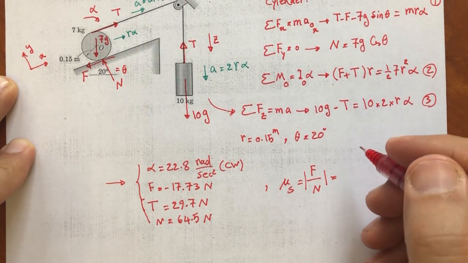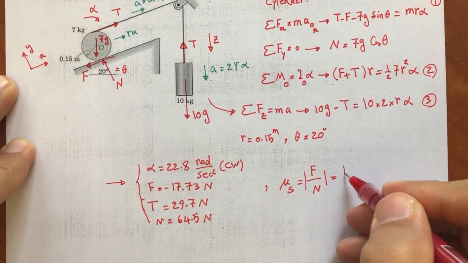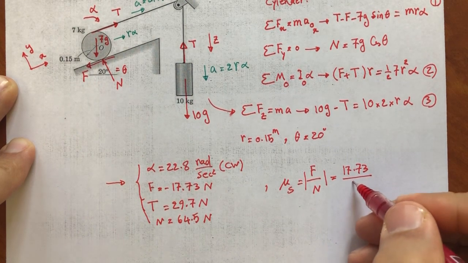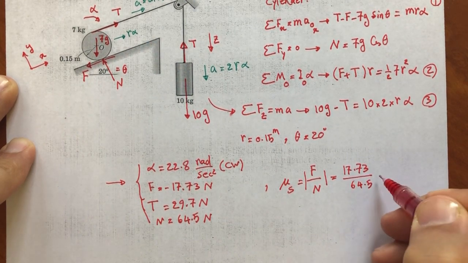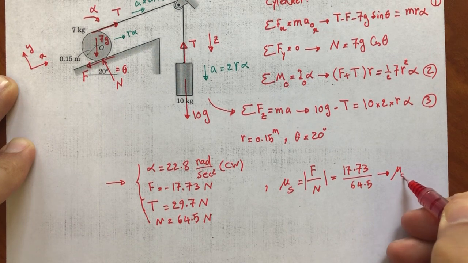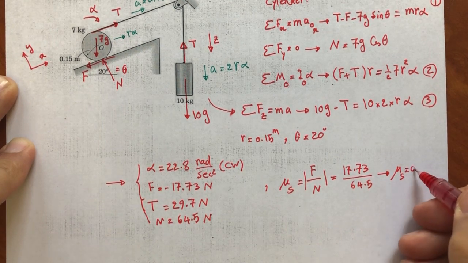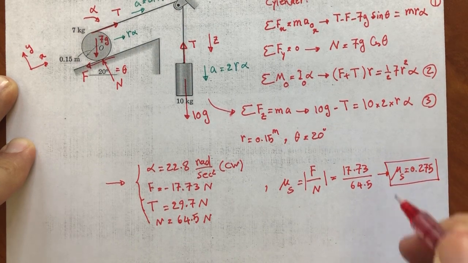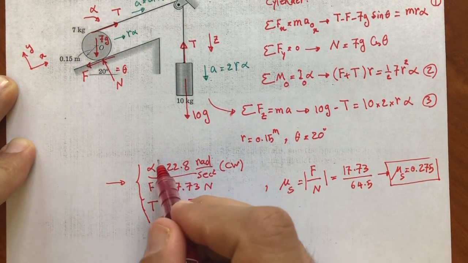Which is going to be 17.73 divided by 64.5. So mu s is going to be equal to 0.275, and it doesn't have any units. So these are our solutions.